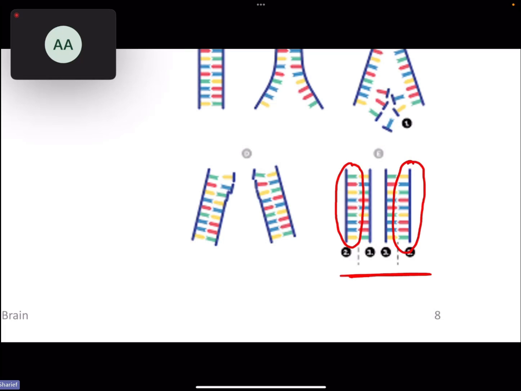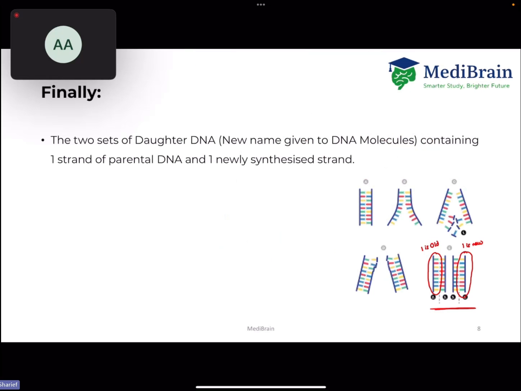Only one strand is synthesized in each double-stranded bit of DNA. One is the new strand, one is old. Okay, and that's basically the idea of semi-conservative replication of DNA.